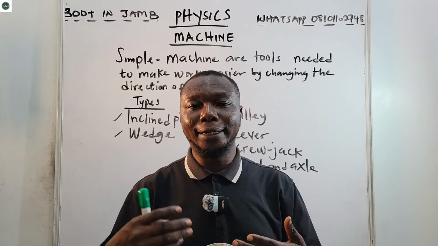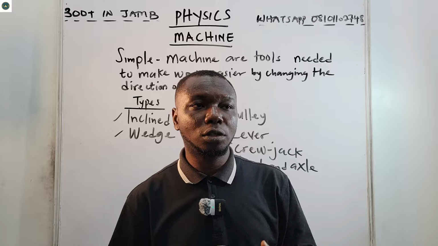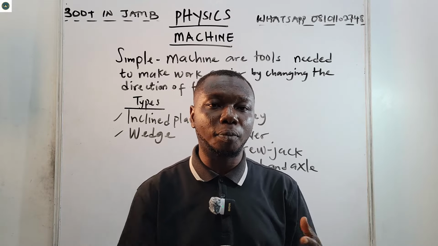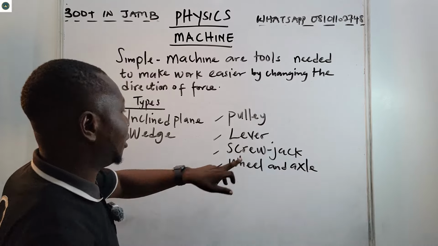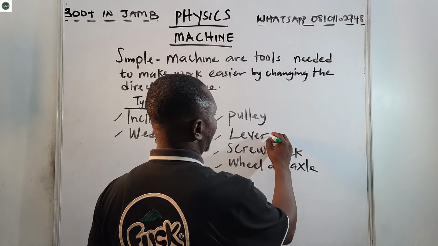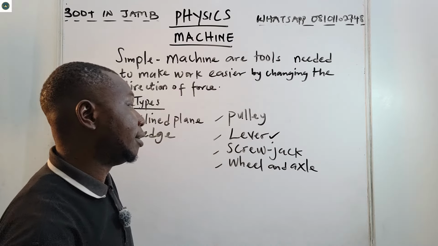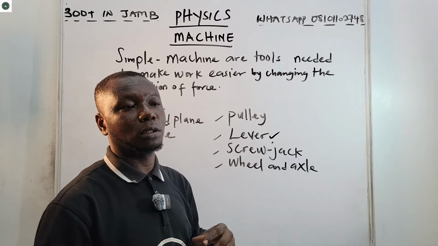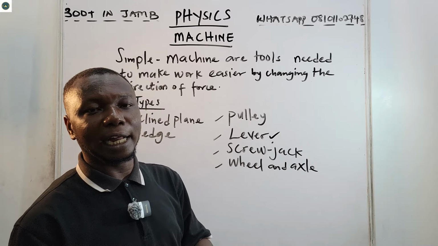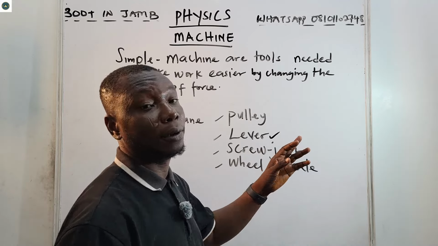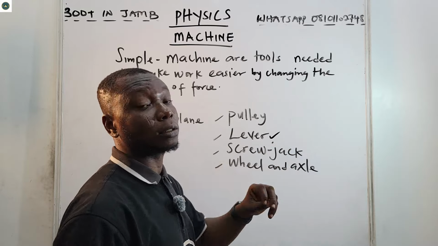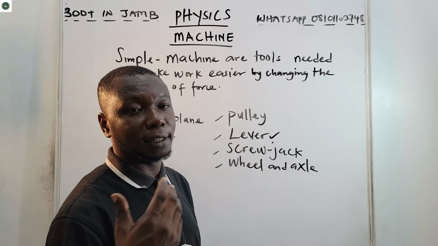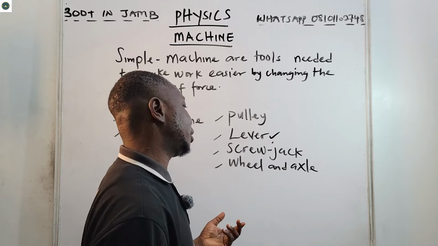For example, simple tools at home like the knife, the scissors, the nutcracker, the bottle opener are classified under the lever. So levers are simple machines, and they are of different types. From your elementary physics, you talk about the first class lever, the second class lever, and the third class lever.